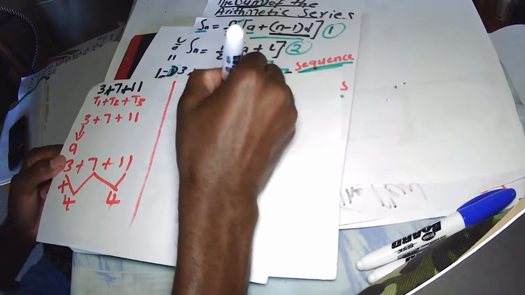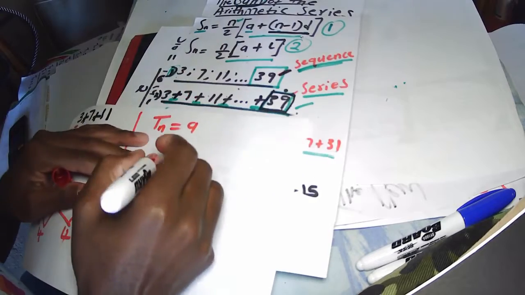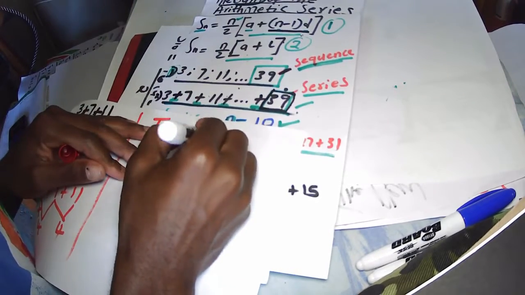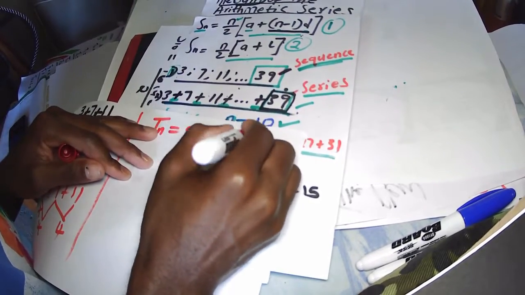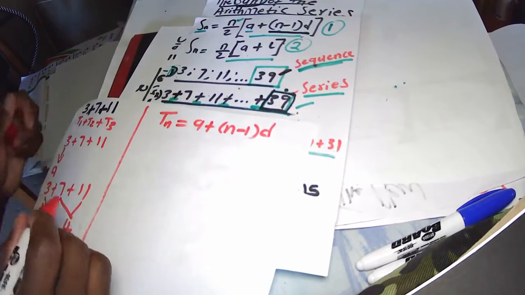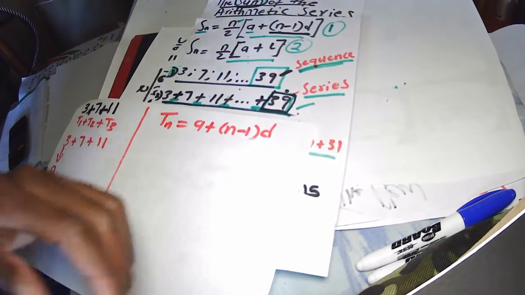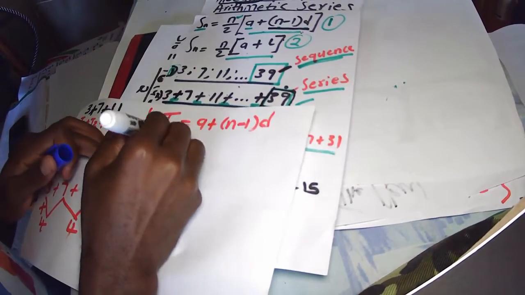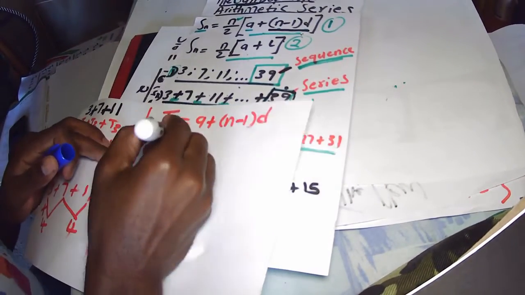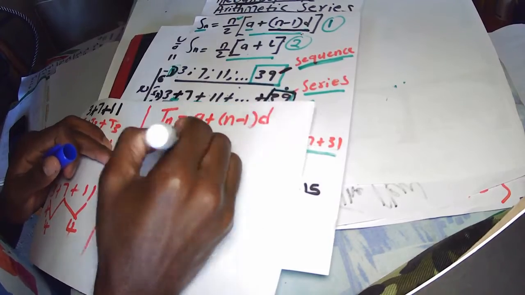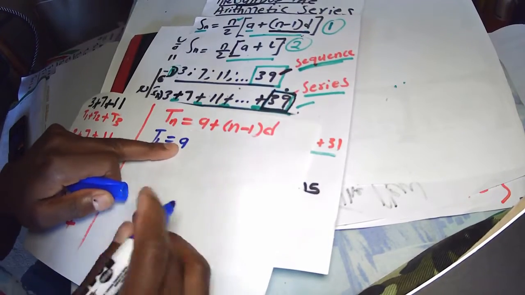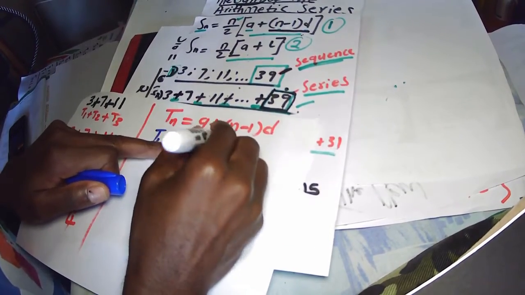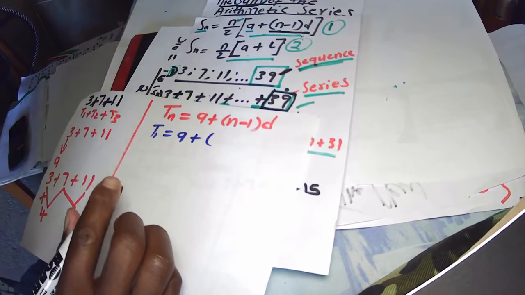Tn equals A plus (n minus 1)d. If I'm looking to get T1, A is A, plus n is the position of the term.